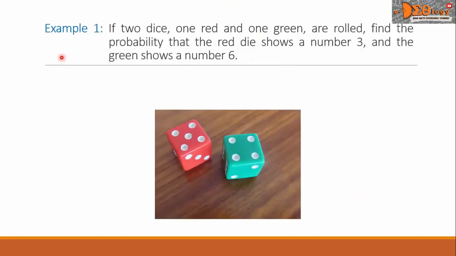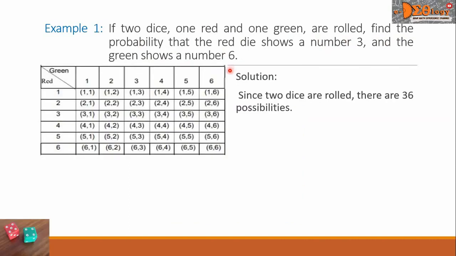Let us see some examples. If two dice, one red and one green, are rolled, find the probability that the red die shows a number 3 and the green shows a number 6. For our solution, we will write our table, and since two dice are rolled, there will be 36 possibilities as shown on our table here.